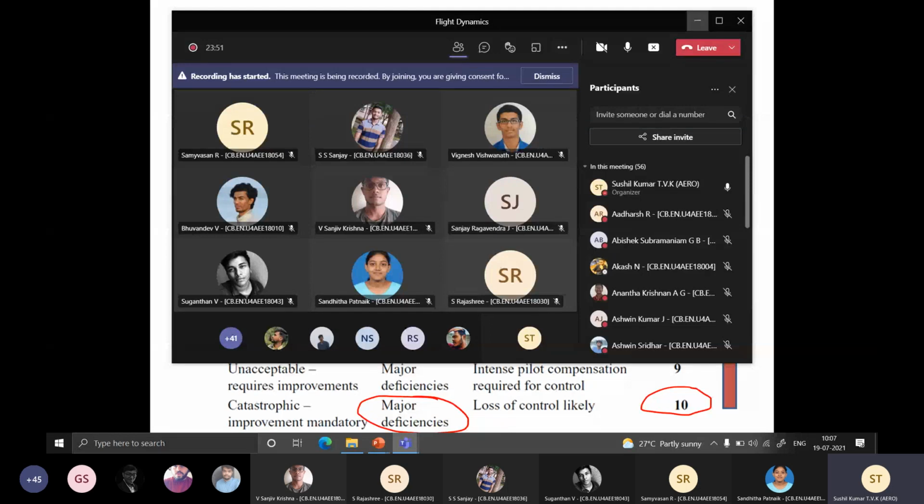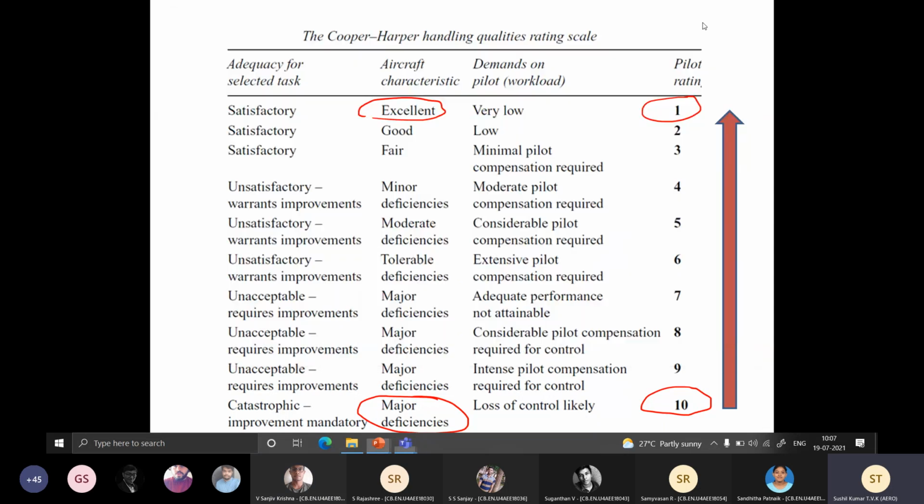How do you do it? You have something called the Beaufort scale, right? Earthquakes, you have scales. So, likewise, this Cooper Harper has come out with this scale about the handling qualities of aircraft, and it ranges from 1 to 10.